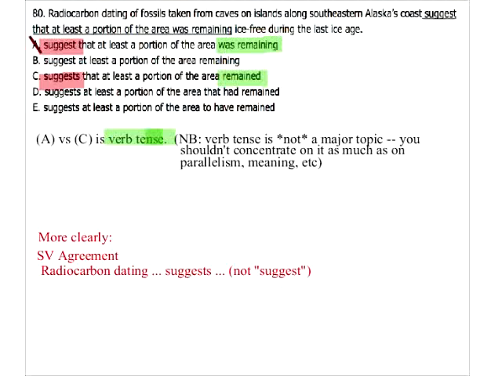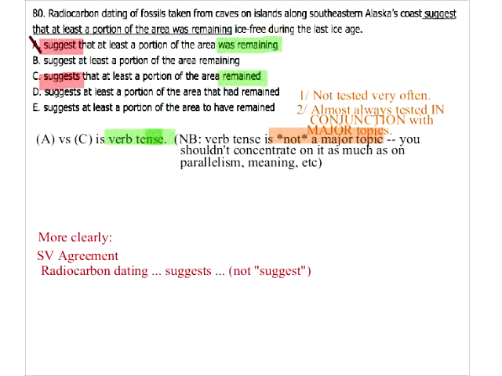It's actually good that we're seeing that, because it validates what we said about verb tense. When we say it's not a major topic, this actually means two different things. The first is that it's not tested that often in the first place. But more importantly, number two, it's almost always tested in conjunction with major topics, just as it is here.